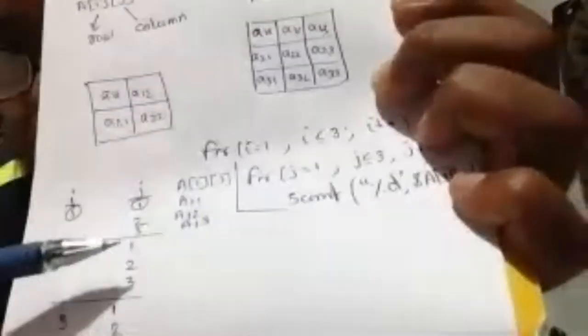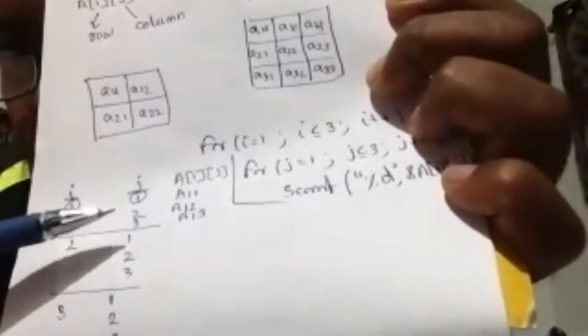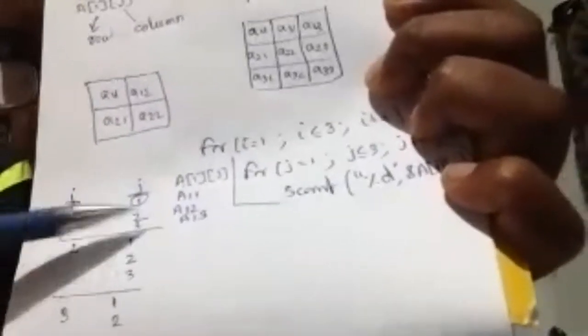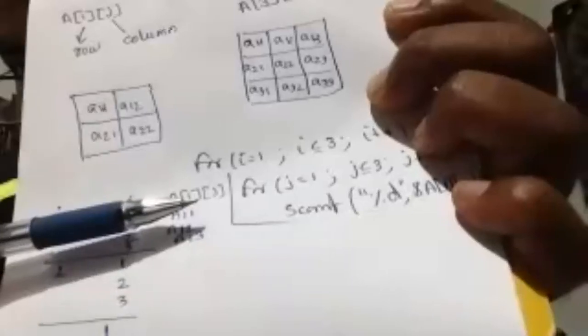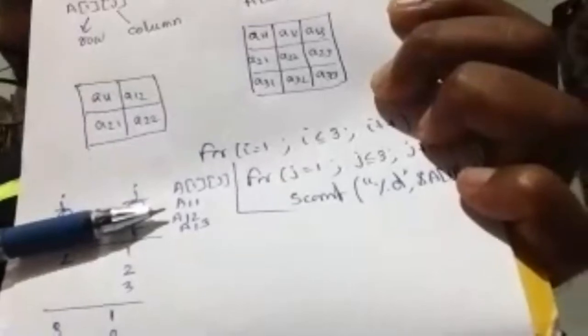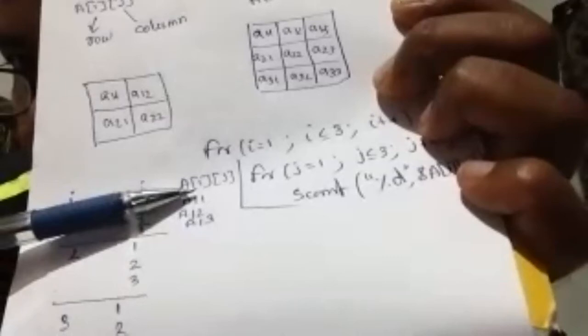Next time, I will remain 1, and J will be 2. Then I have A1, 2.